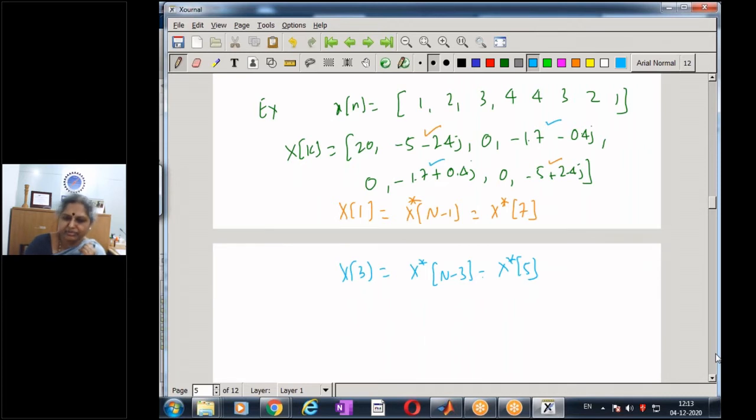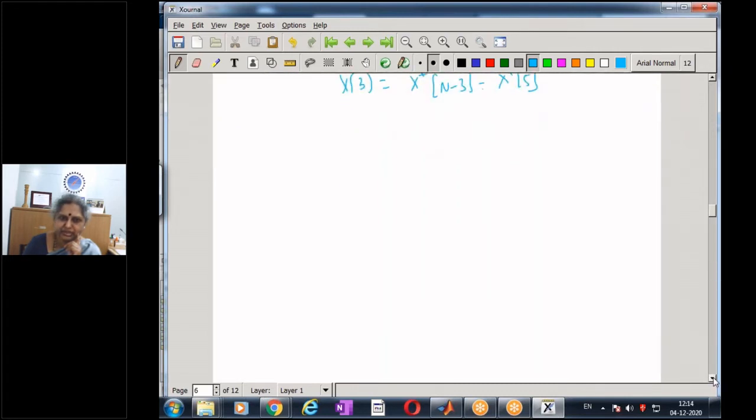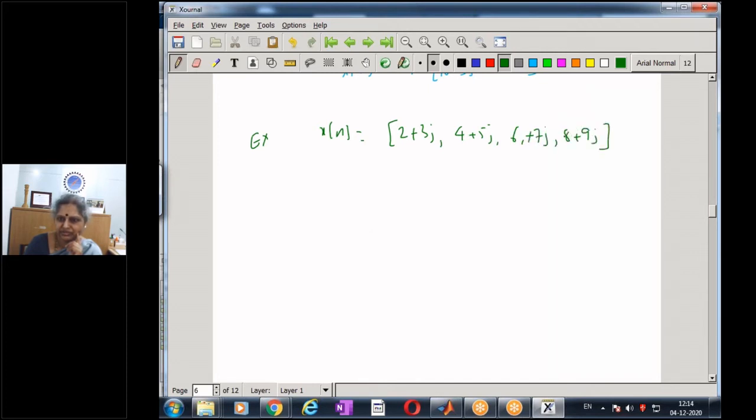Now let me extend it and take another example wherein I will consider a sequence, say x of n is 2 plus 3j, 4 plus 5j, 6 plus 7j, 8 plus 9j. So I am taking a sequence which is complex and which does not have the complex conjugate symmetry.